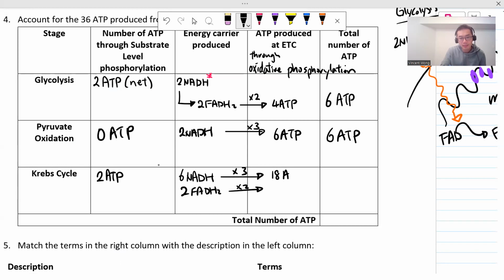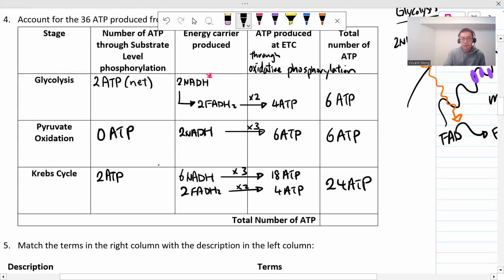That gives you 18 and 4. 2 plus 18 plus 4, that's going to be 24. And if you add these up together, 6, 6, 24 is 36. So for every glucose that we metabolize, for every glucose that we break down, we can get a total of 36 ATP from it.